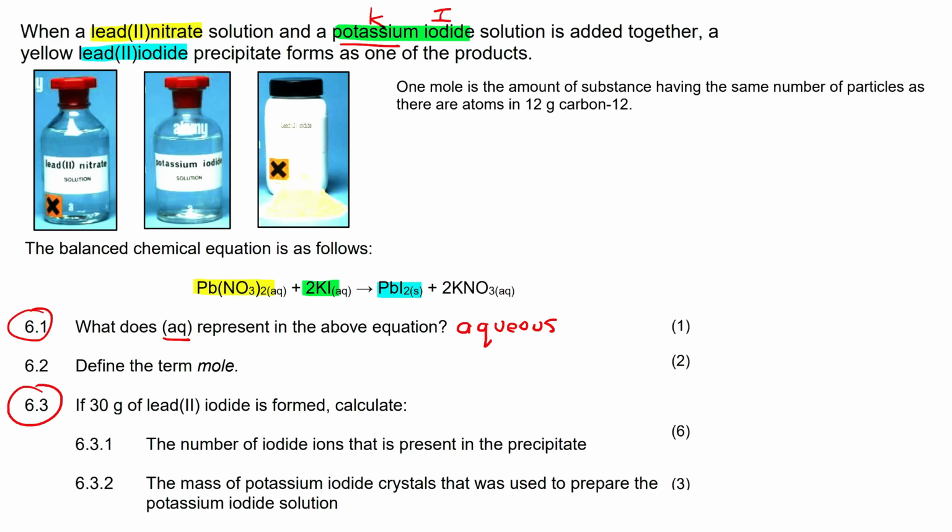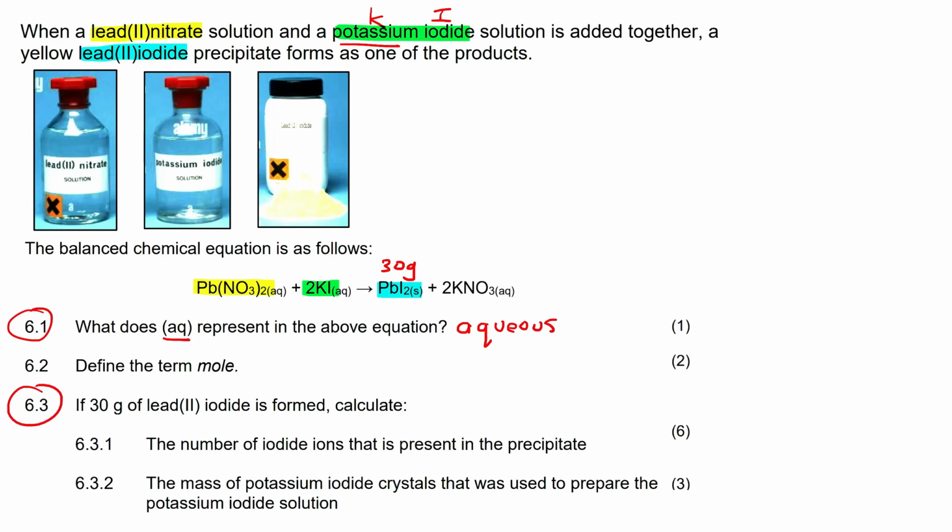So this question says, if 30 grams of lead iodide, so lead iodide is this one, so we've got 30 grams, is formed, calculate the number of iodide ions present in that precipitate. Okay, so if we look at PbI2, if we just have a close look at it, it looks like this, PbI2.